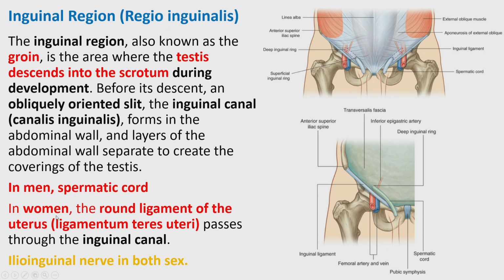In women, it is the place where the round ligament of the uterus, or ligamentum teres uteri, passes. And in both sexes, inside the inguinal canal, there is the ilioinguinal nerve. Extremely important.